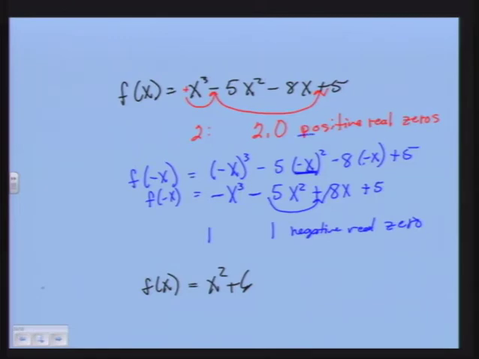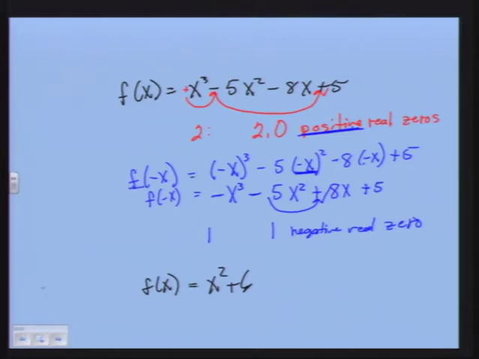So counting the sign changes just in the original gives us the number of possible positive real zeros. Since there were 2, I say they're either 2 or I can decrease that number by 2 and hit 0. So I have either 2 or no positive real zeros.